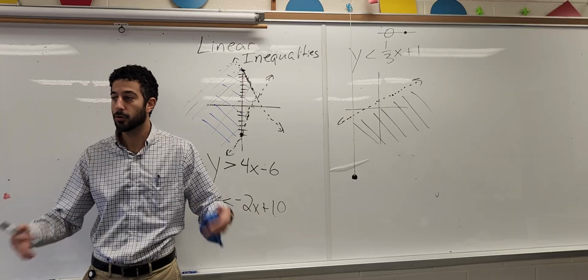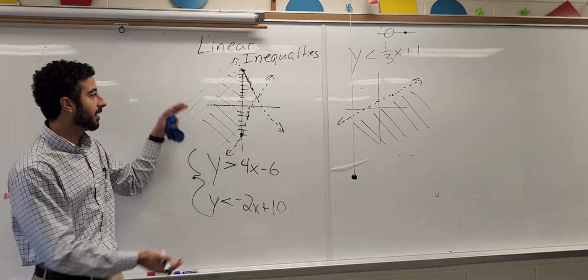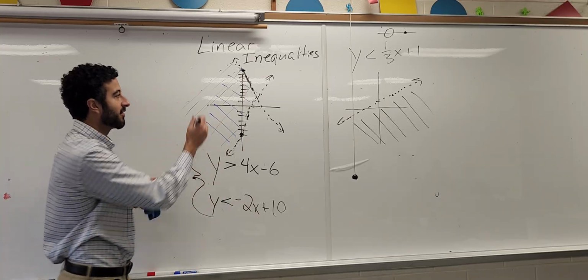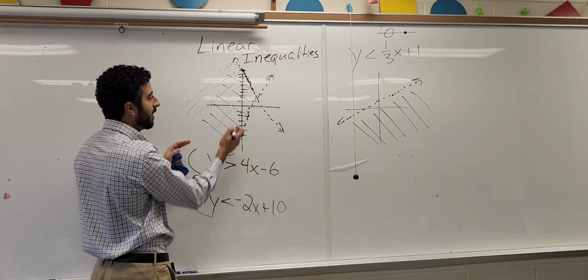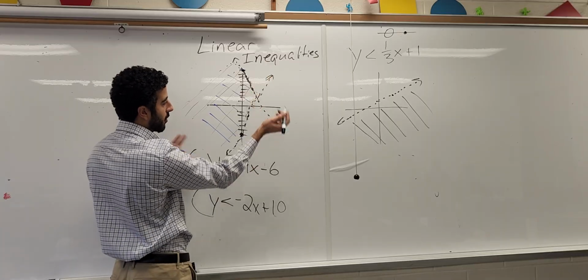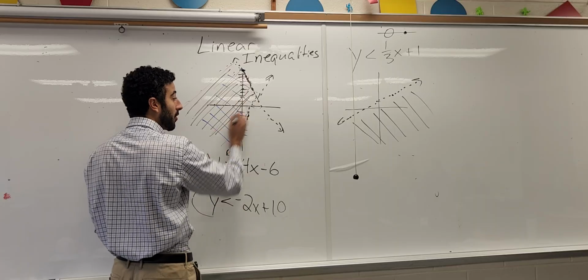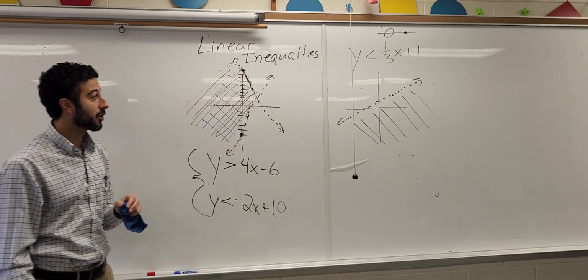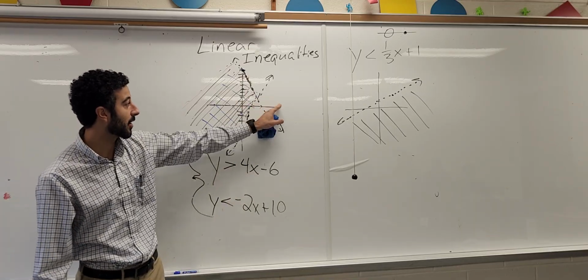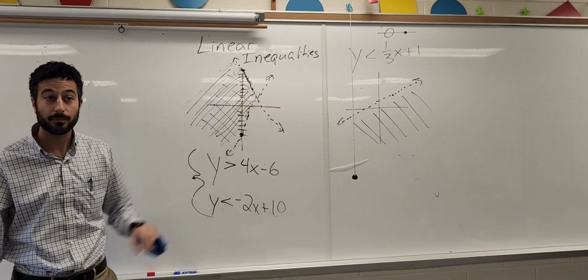It's a visual thing. You graph it, you show what it looks like, you indicate what it is. Even if you have red lines and blue lines or whatever pencil colors, make sure you highlight the solution as dark as possible so I know what your solution is. It's not down here, not up there, not over there. It's very clear it's up in here.